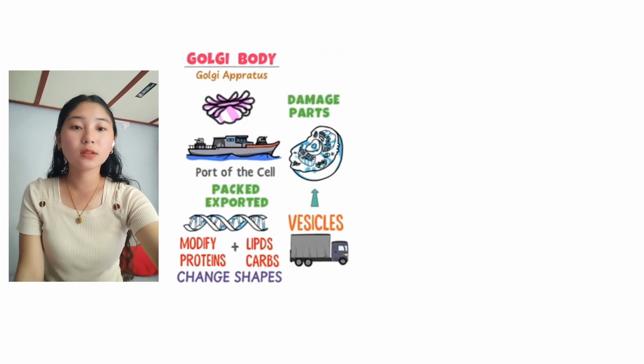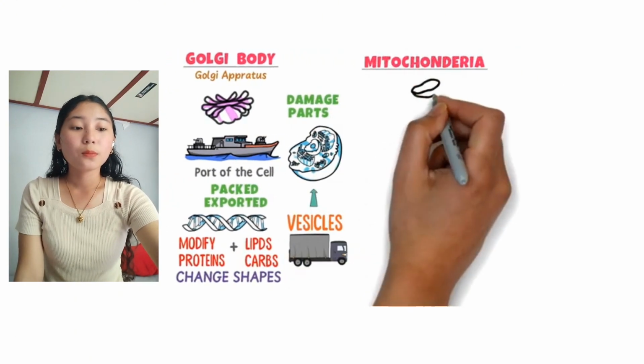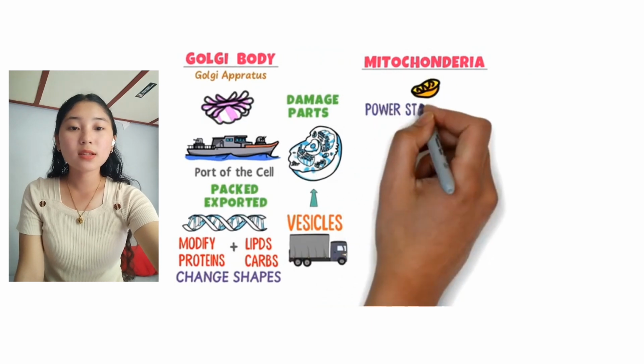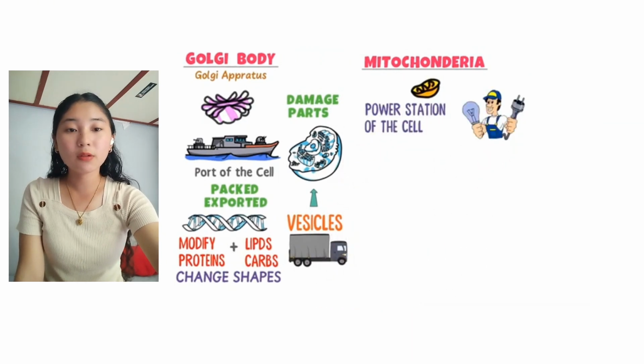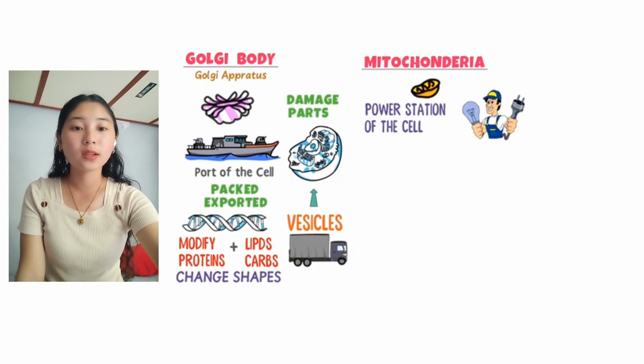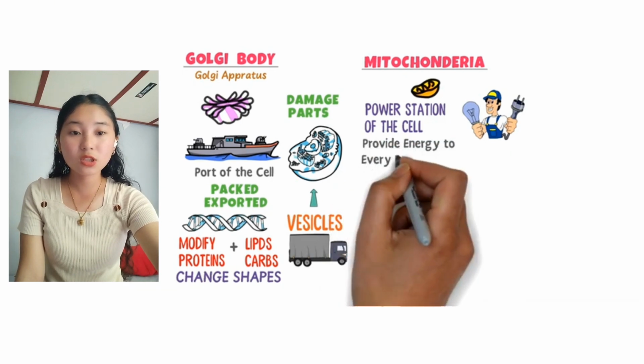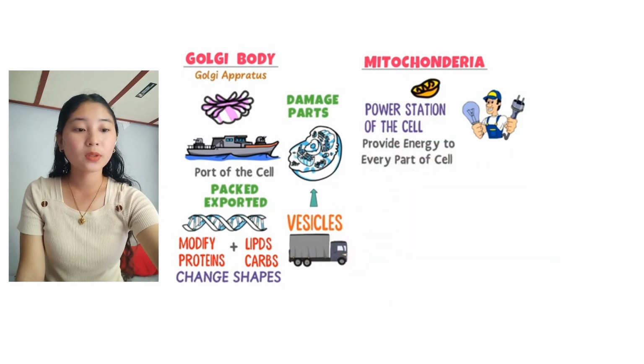Now, what is mitochondria? Mitochondria is a power station of the cell. For instance, in our daily life, a power station provides electricity or power to the city. Similarly, mitochondria provides energy to each and every part of the cell. Mitochondria also contains its own DNA, different from the DNA of the nucleus.